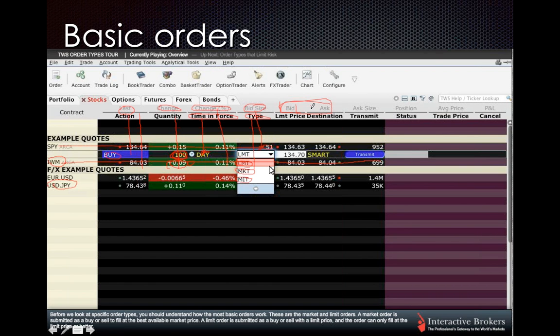You can see bid and ask. So you can see someone wants to buy, and that's a bid. In this case, we're looking at IWM, and we can see that it's 84.03. So someone wants to buy at $84.03, and someone wants to sell at $84.04.